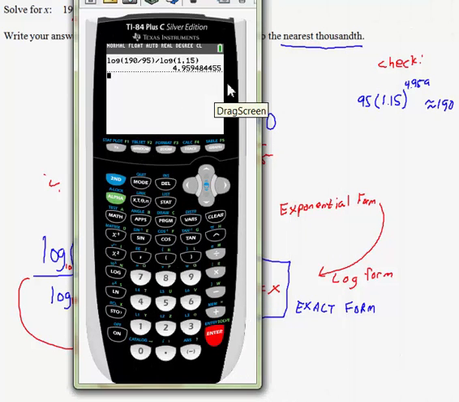Watch what happens if, instead of rounding this number, I type 95 and then multiply by 1.15 and then a right parenthesis, and raise it not to 4.959 but use the previous answer feature. Just above the negative key in your calculator it says A and S. So if I press second negative, it puts an A and S here, and it's going to raise this 1.15 to the previous answer.